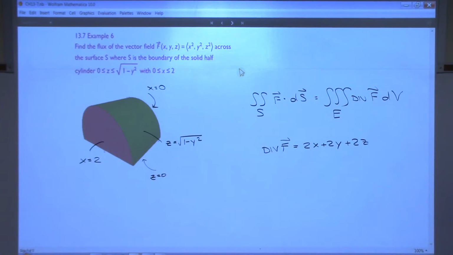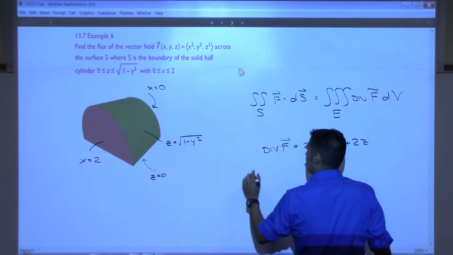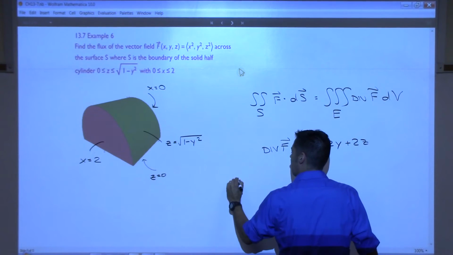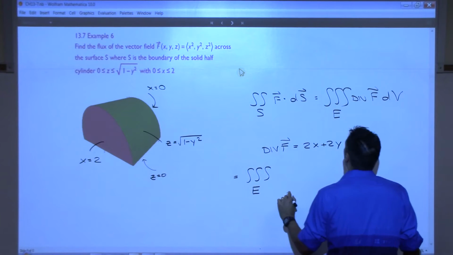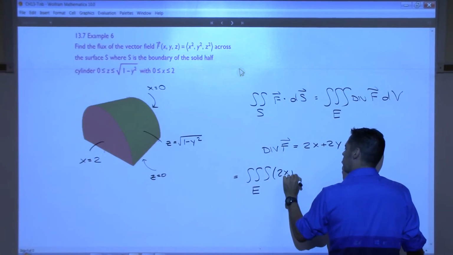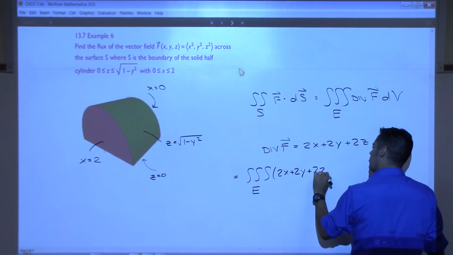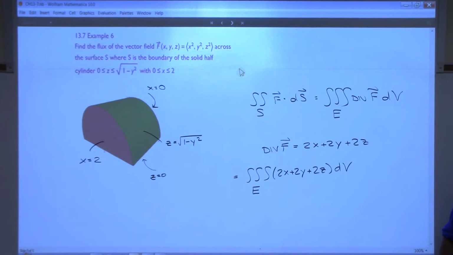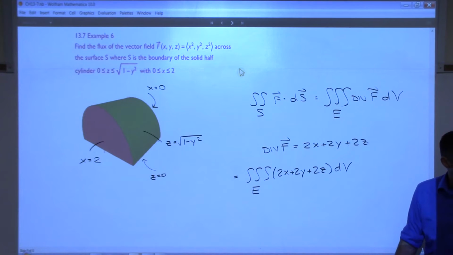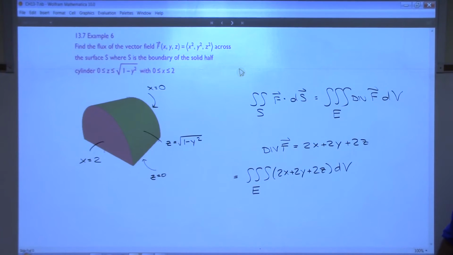So now this becomes the triple integral over E of 2x plus 2y plus 2z dV. And now we're back in chapter 12. It's just a triple integral, right?